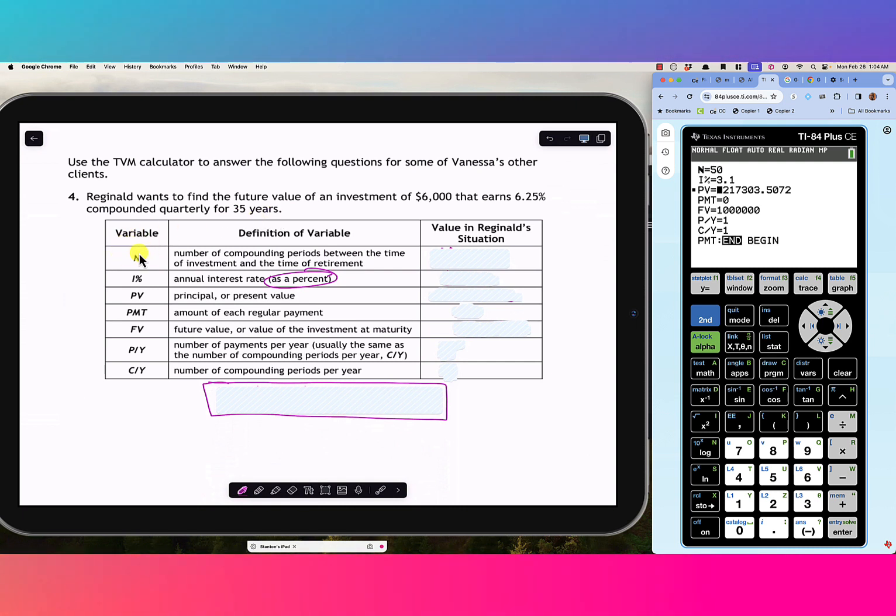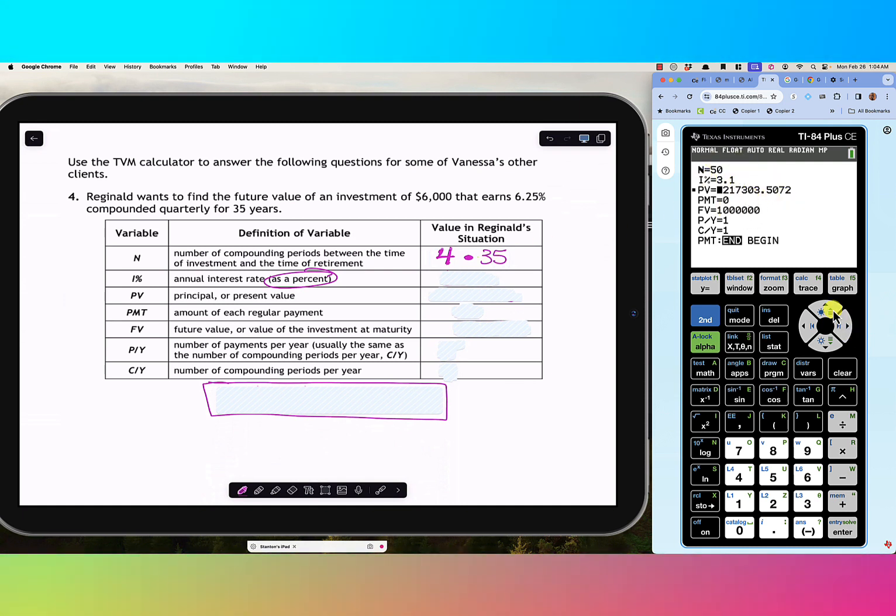N is the number of compounding periods, so you would multiply the number of compounding periods per year, which is 4. And why is it 4? Because we're compounding quarterly, and quarterly means 4 times a year. So we're doing it 4 times a year for 35 years, and 4 times 35 gives us the number of compounding periods.